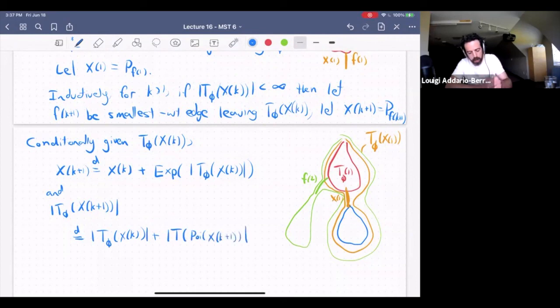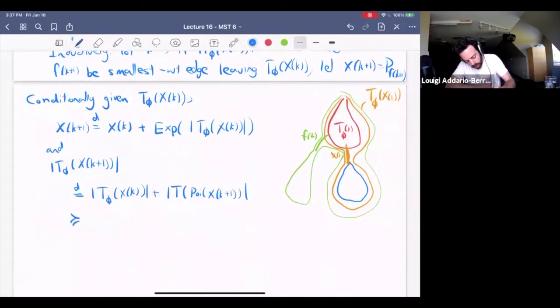And the point is that that parameter is always bigger than at the first step x naught. We can say that this new size is stochastically bigger than T naught x_k plus the size of an independent Poisson Bienaymé tree with parameter x naught.